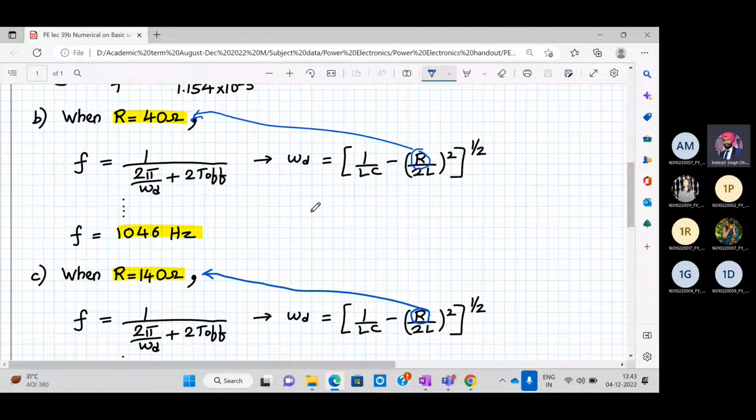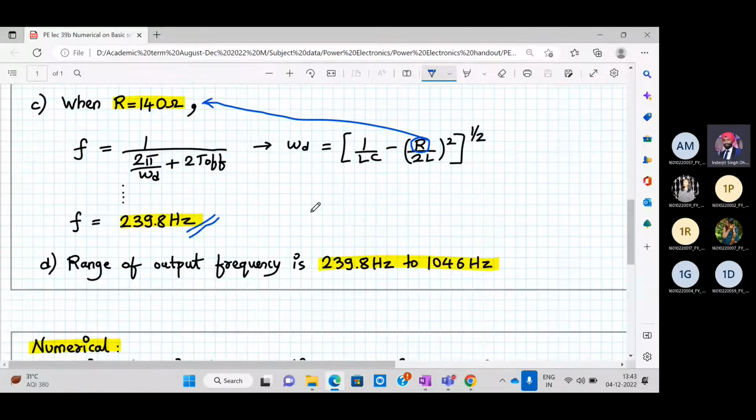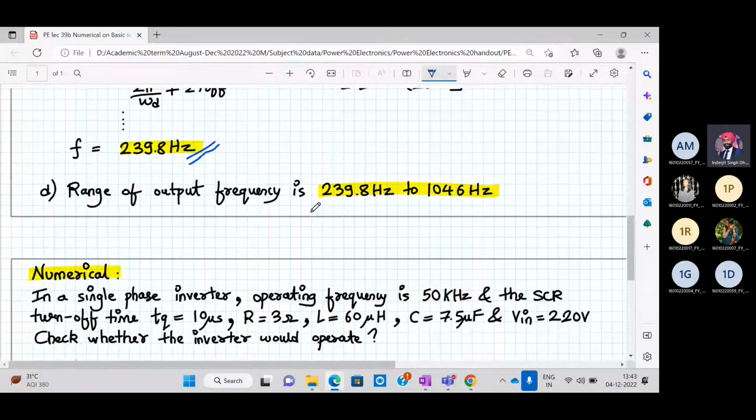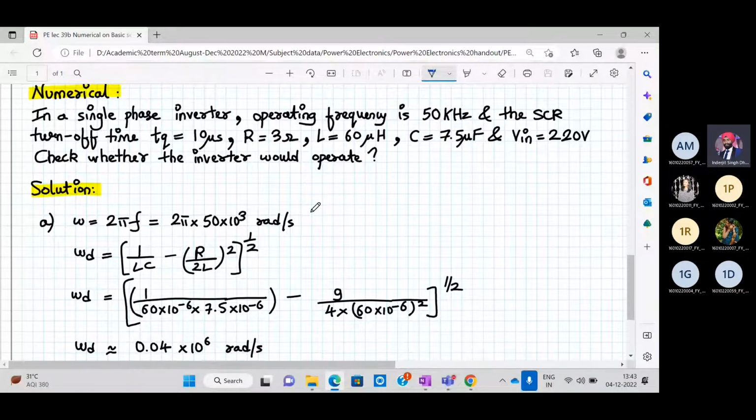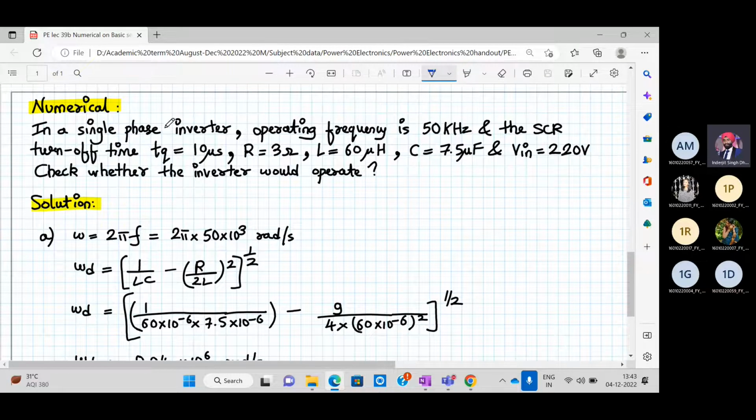So can we go to numerical number 2? Okay. So the next numerical is again about the basic single phase series inverter that we have discussed. Actually, I should have written series inverter, so single phase series inverter.